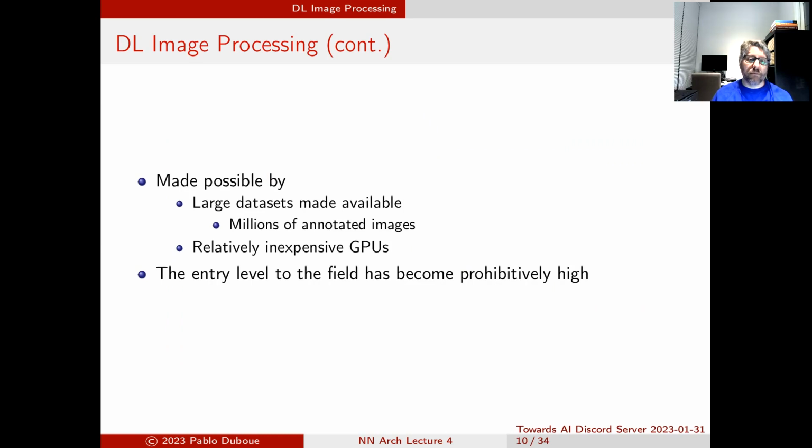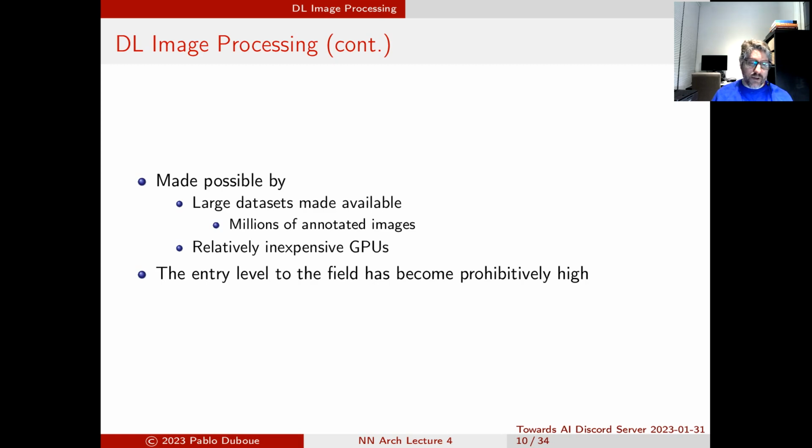So how can we achieve this type of feat? Yes, the first thing is that in the last decade we now have really large data sets available with millions of annotated images, and we also have relatively inexpensive GPUs.